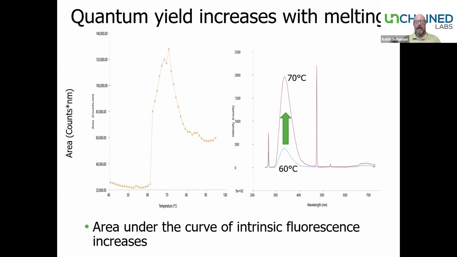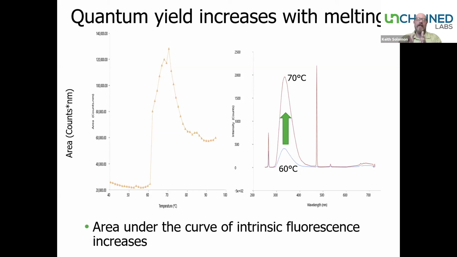You can look at that by looking at two spectra. The phenomenon really occurs between 60 and 70 degrees. You can see that both in the image on the left as well as the one on the right, and you can see very clearly that there's a huge increase in quantum yield from 60 to 70 degrees. But you can also notice that this unquenching changes the profile slightly rightward.